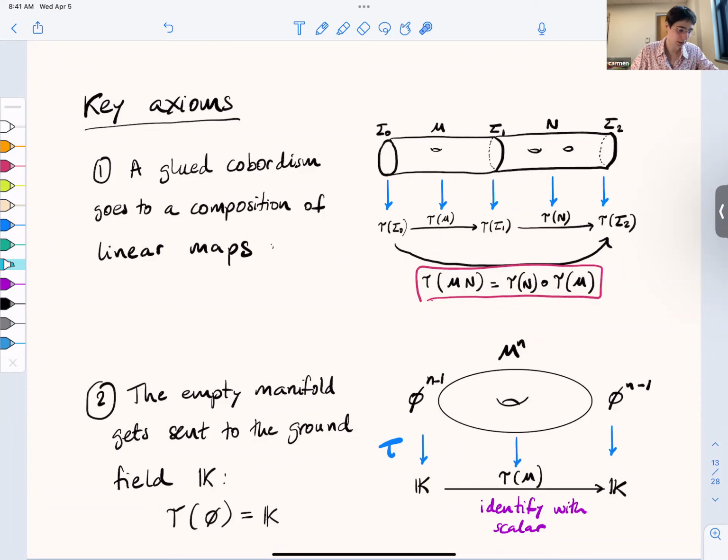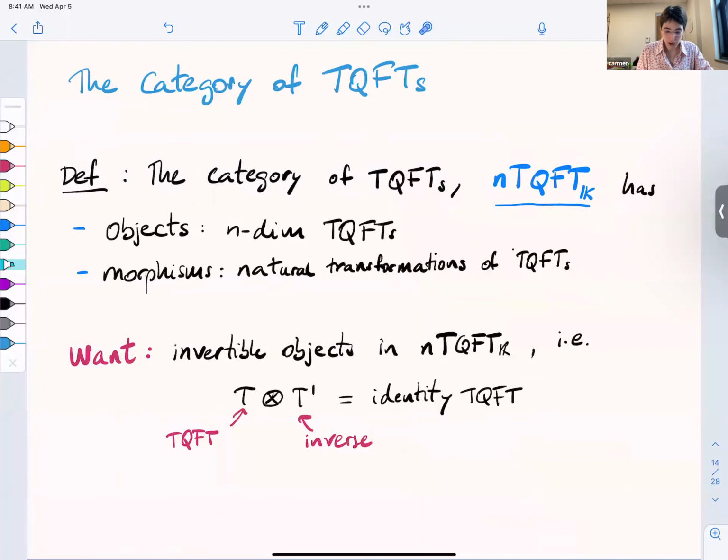That's an important notion. Okay, we can also talk about the category of TQFTs. I'm going to call it the category of n-dimensional TQFTs. Just to recall that we're talking about n dimensions, I'm going to put it here in the notation. And also to remember what our ground ring is, that's also in the notation.